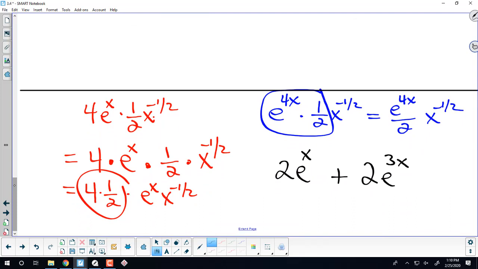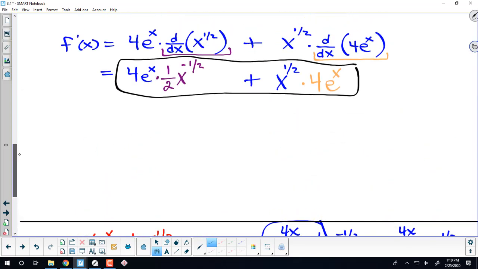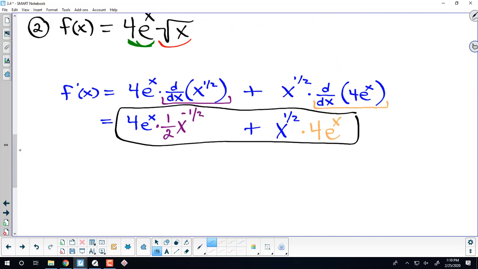And as we move into Chapter 4, we'll fine-tune what we're doing with the derivatives. Does anyone have any other questions on this one? I promise the sooner you can start memorizing these derivative formulas, the better off you're going to be.